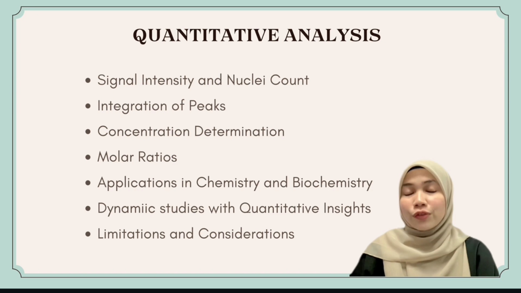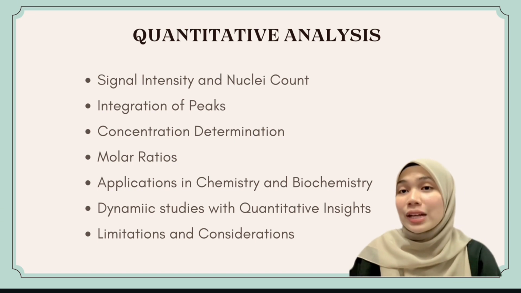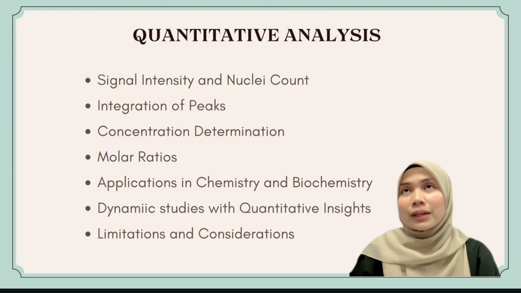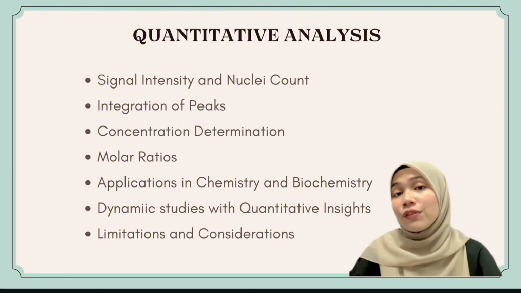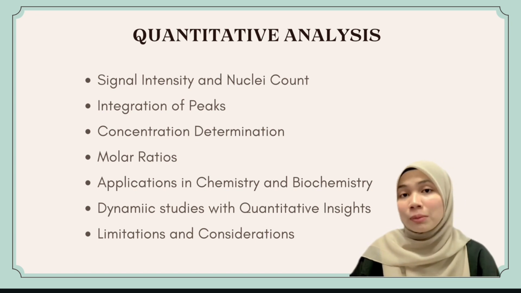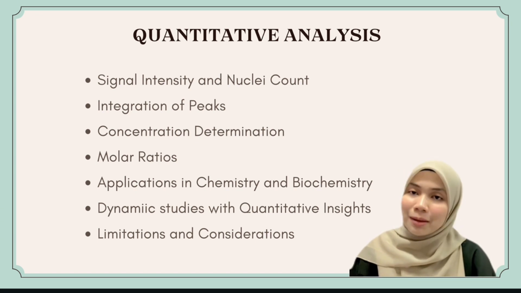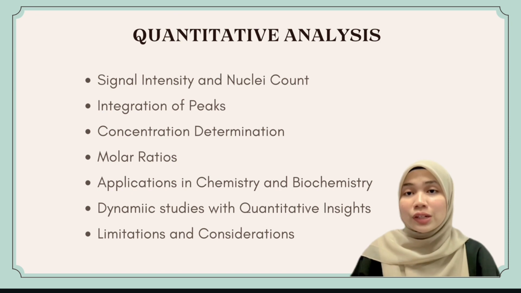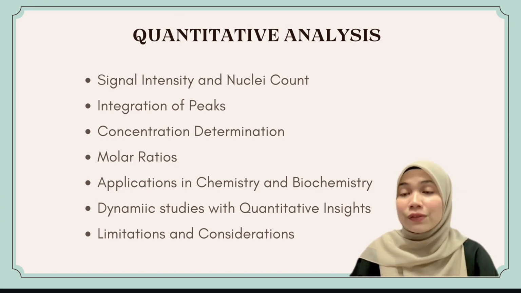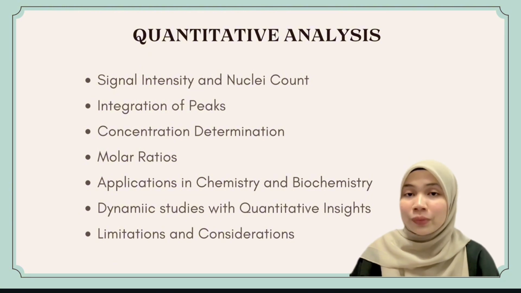The next special feature of nuclear magnetic resonance is its use in quantitative analysis. Quantitative analysis in nuclear magnetic resonance spectroscopy leverages the direct relation between signal intensity and the number of contributing nuclei in a sample. Each distinct nucleus generates a specific signal, with a greater number intensifying the corresponding signal.